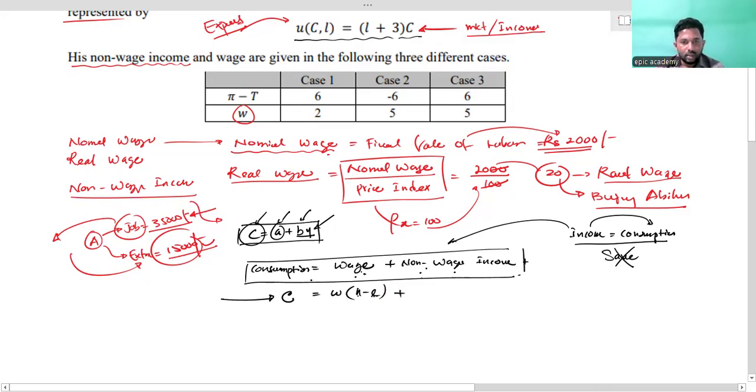Plus non-wage income, which we got as this one, 5, minus T. Actually, here 5 means other income and T means taxes.